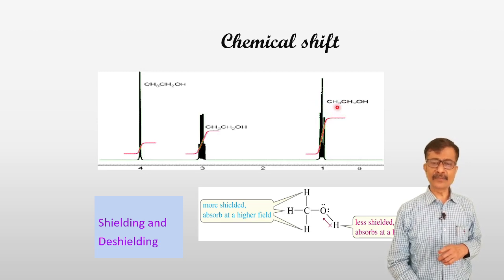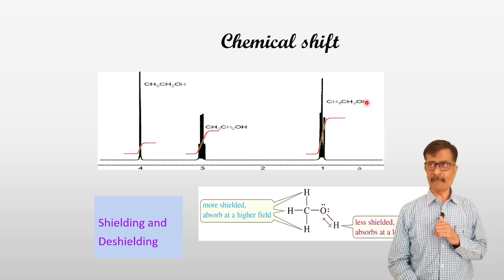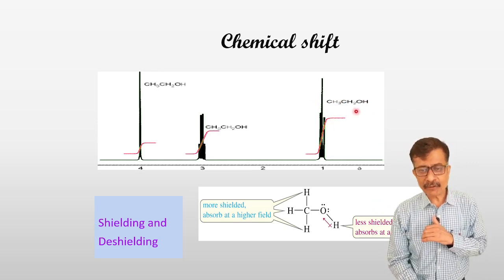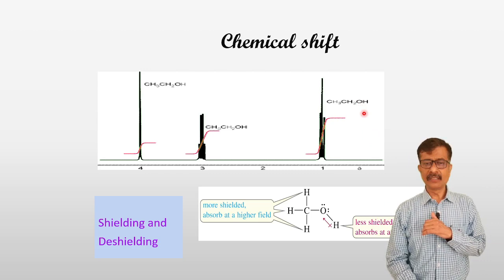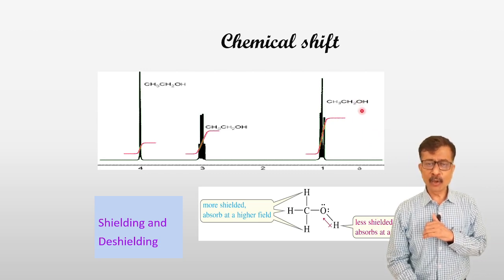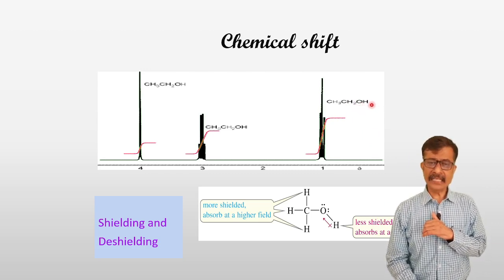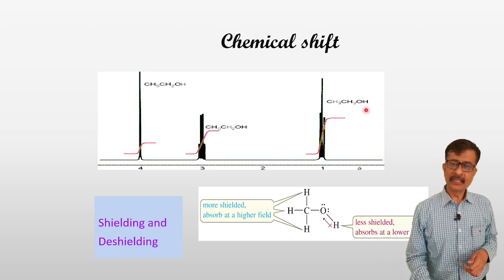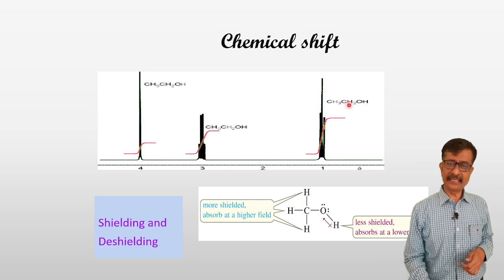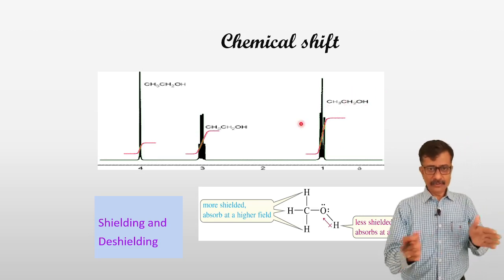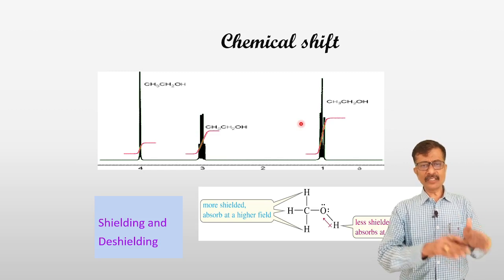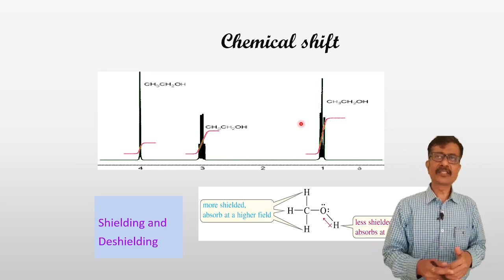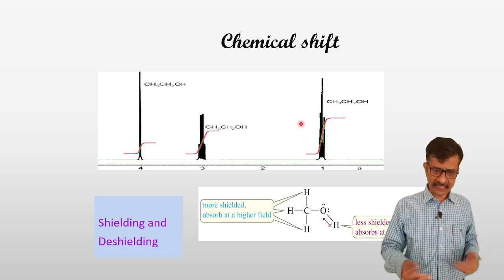CH3 hydrogen atoms are more shielded than OH, because they are far away from the electron-withdrawing oxygen. CH2 is a little close to oxygen. H is directly attached to the electron-withdrawing oxygen, which is more de-shielded than this and than this. Okay, so this is how, because of shielding and de-shielding, the shift in peaks is observed, and that is a chemical shift.